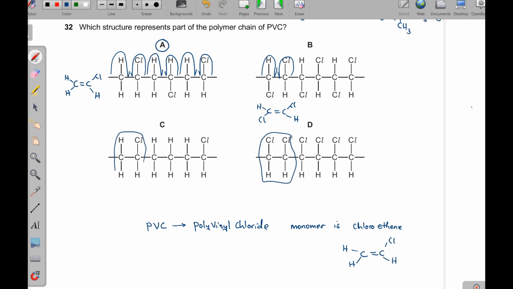Here there is going to be this chloroethene, but then here there is ethene, and here this monomer. So there are two different monomers, and we are supposed to have one monomer, which is chloroethene. That's why even this one is off. Then this one here is also off. So our answer is A.